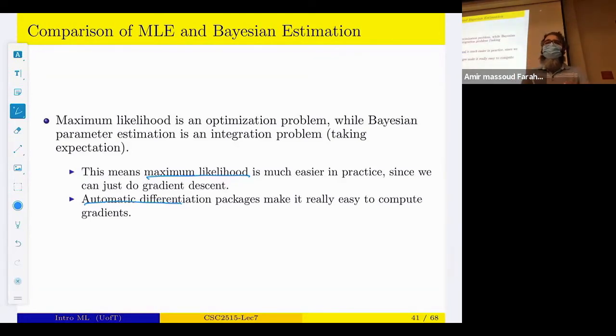There are packages for Bayesian inference and computing the integrations required in Bayesian inference, but they are, I think, less common and less developed compared to automatic differentiation, though of course it is changing a lot. But optimization is usually an easier problem compared to integration. So that's why not everyone does Bayesian inference. But in many methods, we have maximum likelihood or a variant of it.